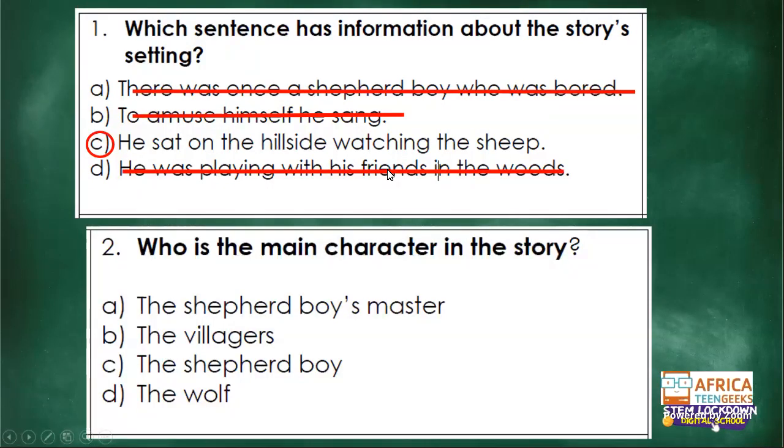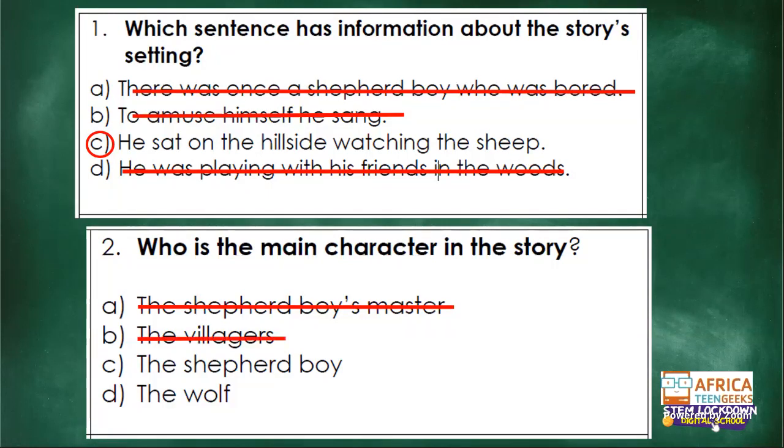Good. Let's go on to number 2. And we can do it together again with you writing in the chat box. Who is the main character in the story? The shepherd boy's master, is that the main character? We don't really know who the master is, so that's going to be no. Are the villagers the main characters?